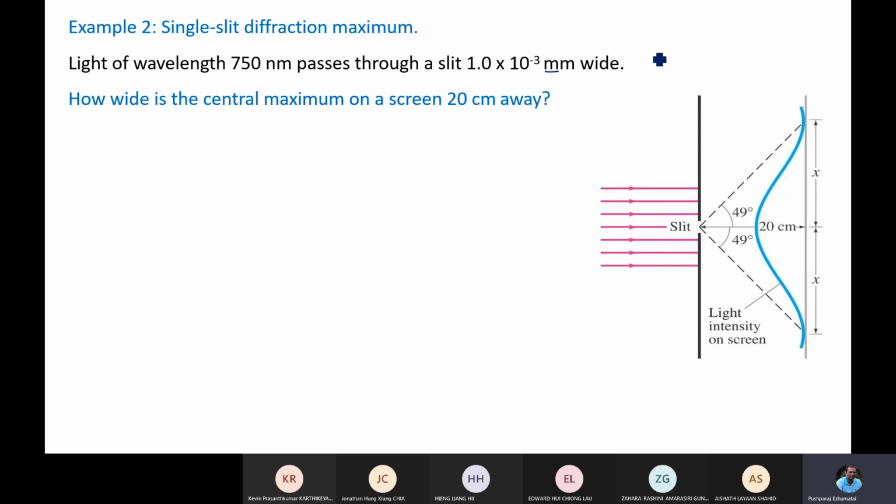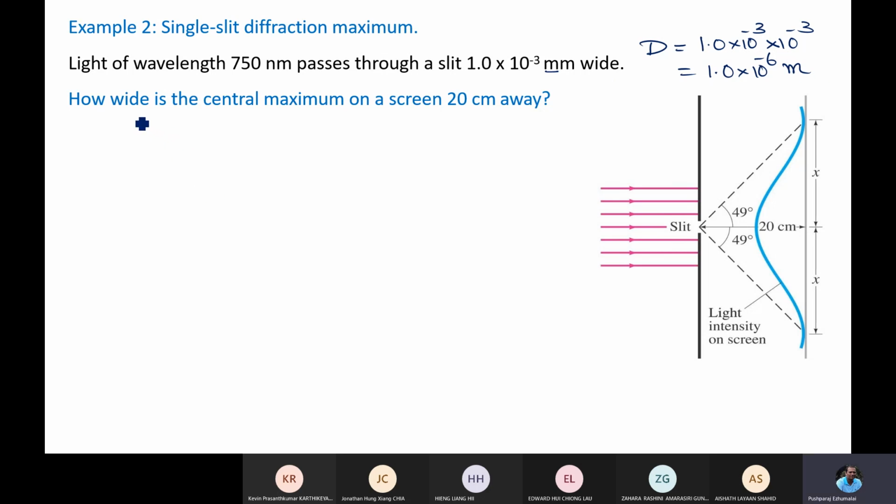That means D is equal to 1 into 10 power minus 3 into 10 power minus 3. Milli means 10 power minus 3, and another millimeter is there. So 10 power minus 3 minus 3, we get totally 10 power minus 6 meter.